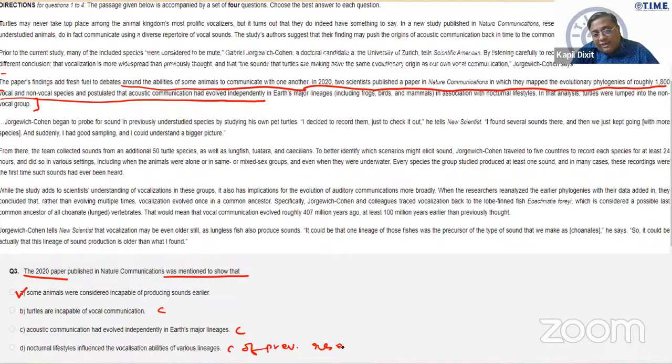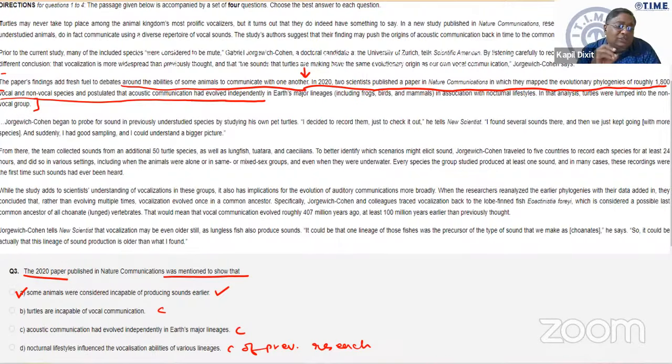So I have eliminated all 4 choices which were confusing. But if I could understand this line, debate around the ability of some animals to communicate with one another, I would have easily marked A as the answer. B, C, D are all conclusions. You understand, you are not supposed to mark a conclusion.